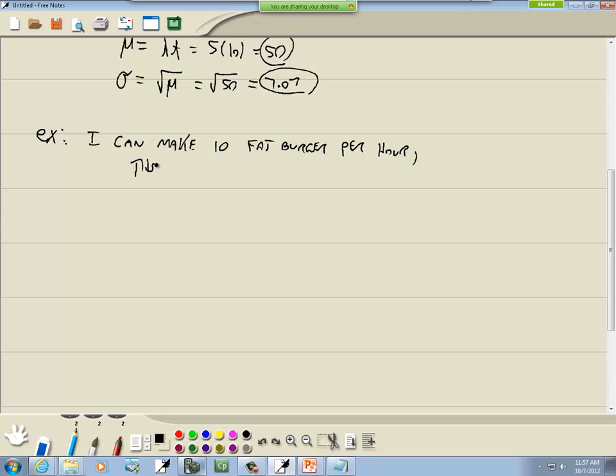Then, over 7 hours... This is kind of how the problems will be set up. Lead in like this many per hour, then looking at 7 hours. Blah, blah, blah. Find the probability of this or this.